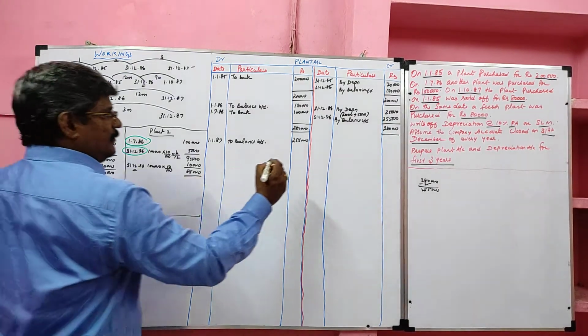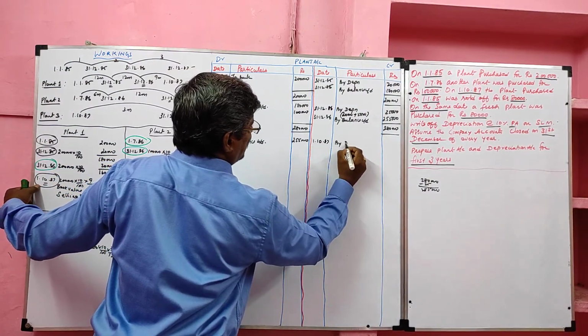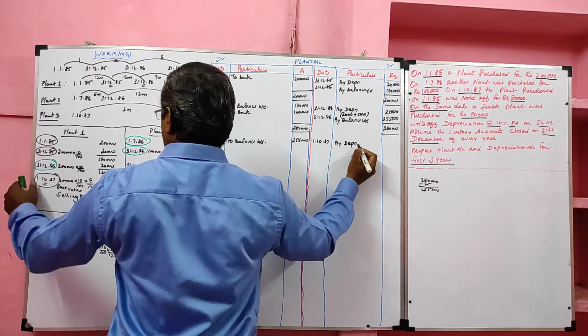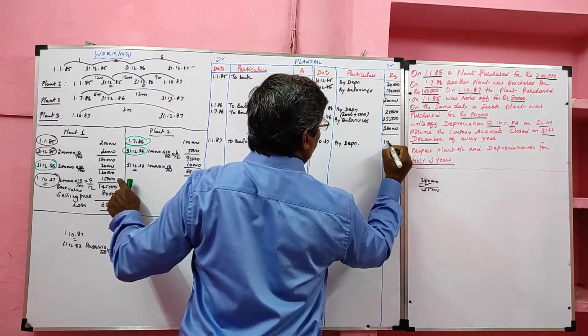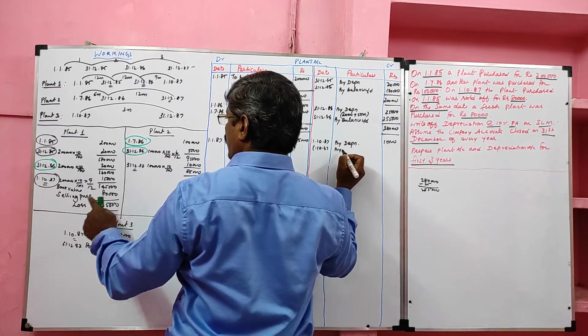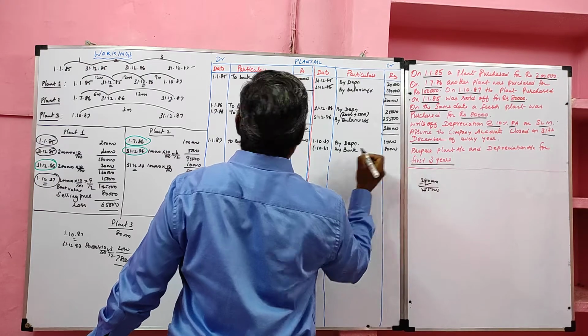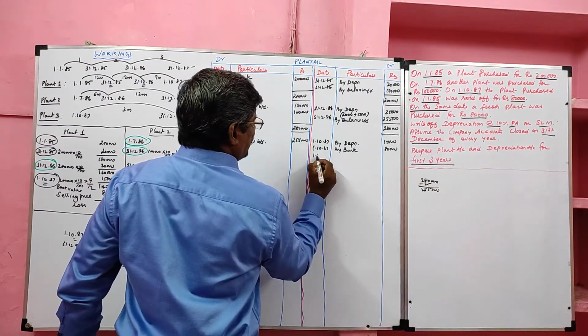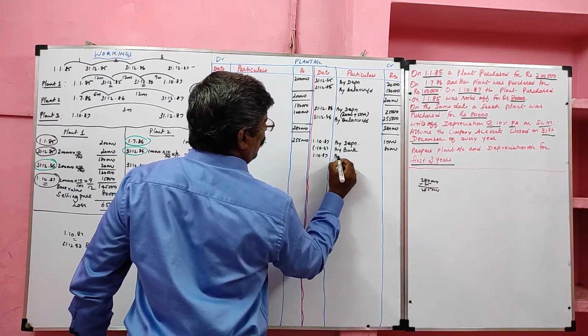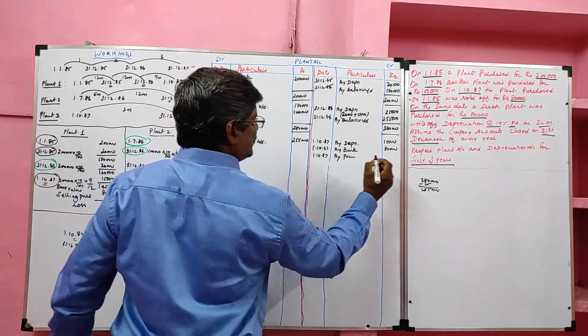On 1/10/87 they sold the first plant, its depreciation 15,000. The sale value is by bank 80,000. Then on the same date the company incurred a loss, by profit and loss account, value how much? 65,000.